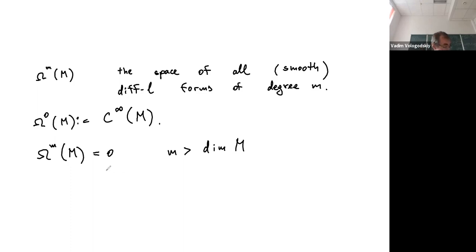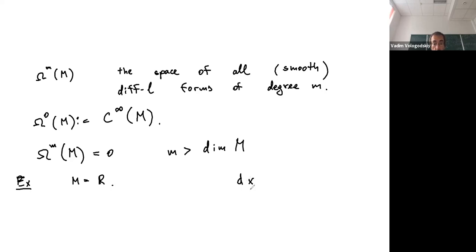Very good. So I'll give you two examples. Example one, the simplest example: take just R. Then I have zero-forms, which are just functions, and I have one-forms, and I have a global coordinate x.